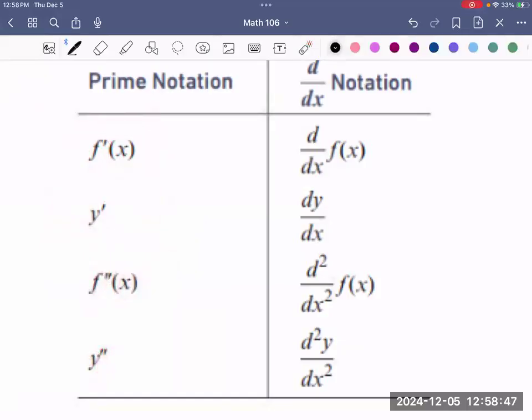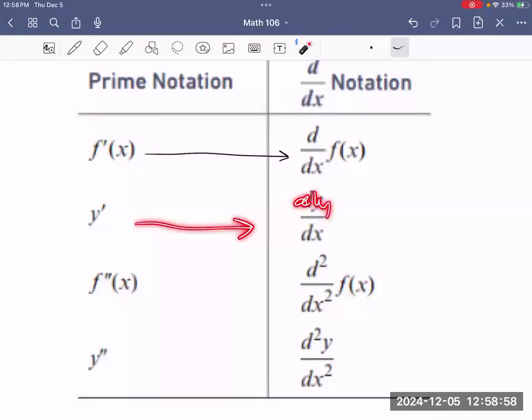The equal opposites would be if we're looking for d over dx, derive f of x in terms of x, or this one, dy over dx, with respect to y, derive x, or f double prime. Notice that we now have these little squared.